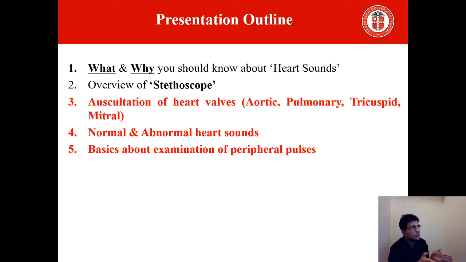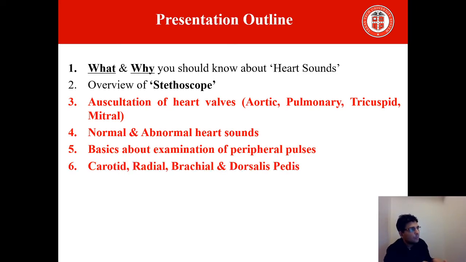The second half of the presentation is about the basic examination of peripheral pulses, and we will again talk about the landmarks associated with four pulses, which are carotid, radial, brachial, and dorsalis pedis, and then we will discuss very briefly the data sheet which you need to fill at the end.